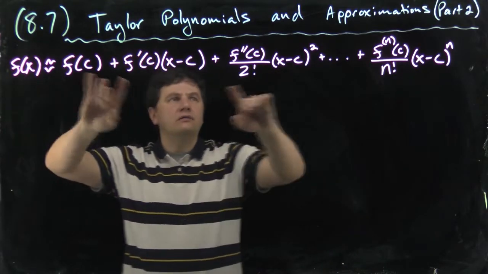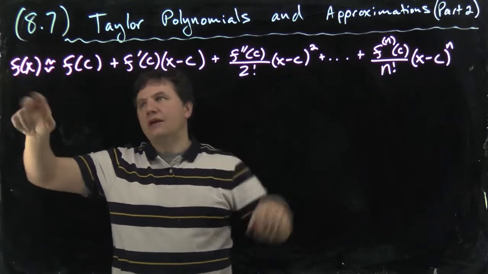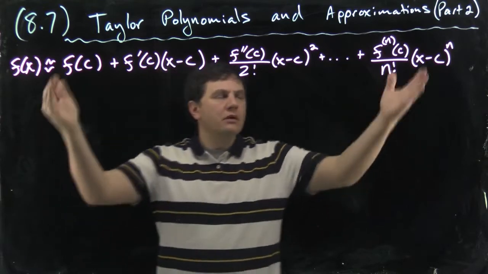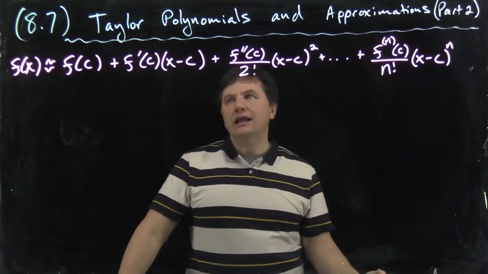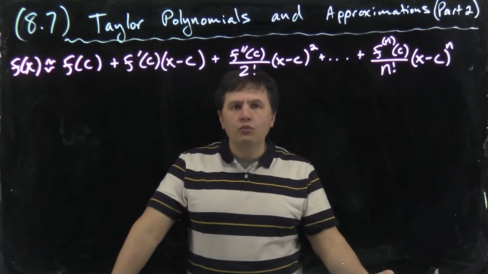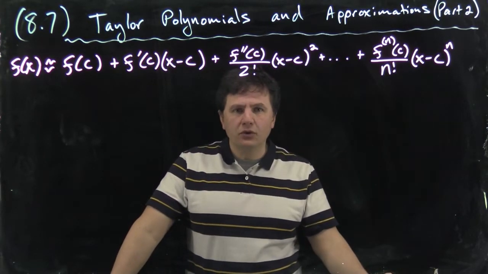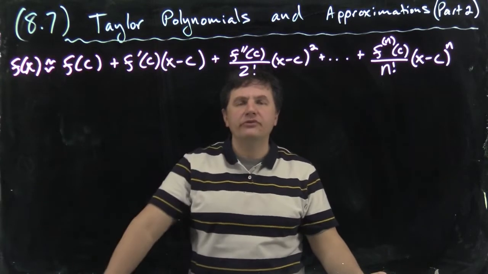We talked about a Taylor polynomial centered at x equals c, so that's what we would have here. And f of x is approximated by this finite polynomial, n being really anything. It could be 1. It could be 100. One of the things we talked about earlier was that the higher the degree, the better this approximation becomes.